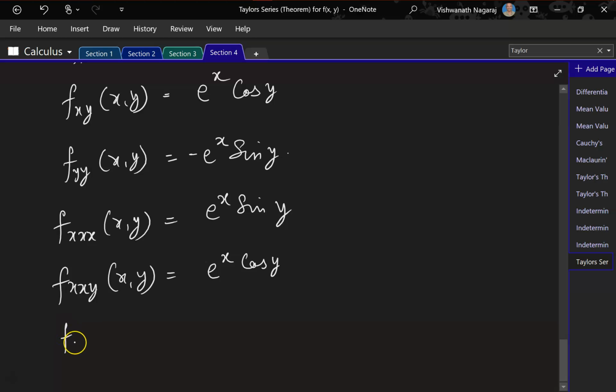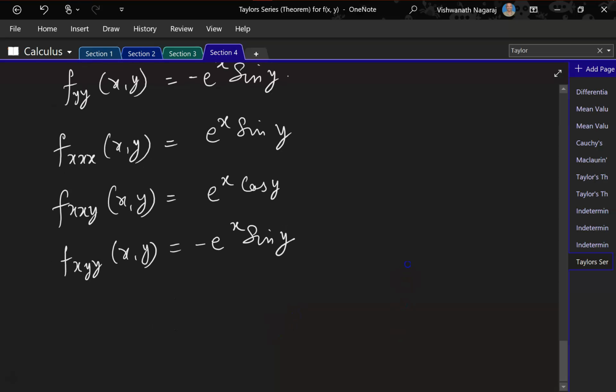Now f_xy(x, y). This gives us, so here what we'll do is we'll take f_xy and differentiate it with respect to y again. So we get e to the power of x cos y is minus sine y. So minus sine y.